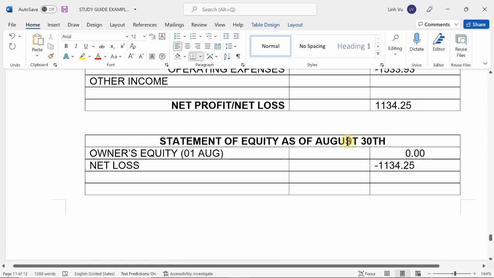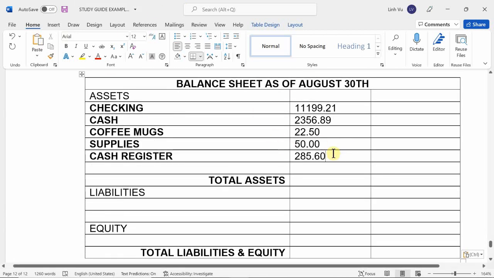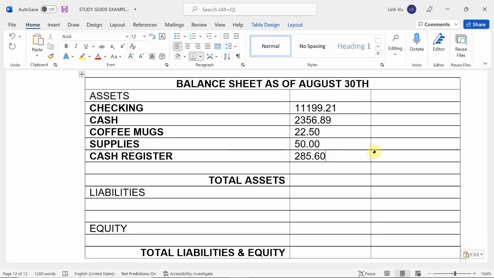So therefore, on the balance sheet, I have to adjust this so it is looking at book value. I need to calculate right here what $285.60 minus that accumulated depreciation will give you, a book value of that cash register of $277.67.